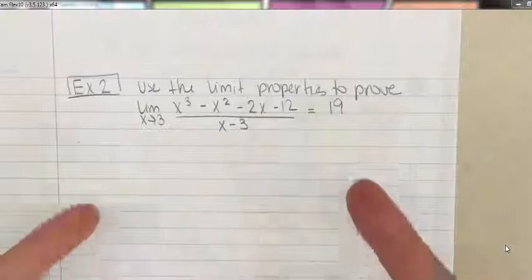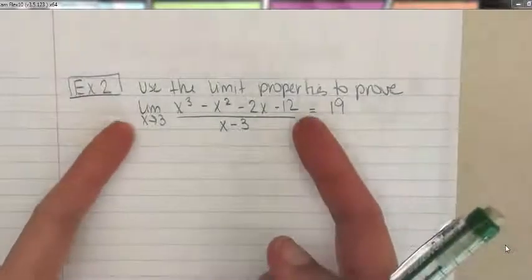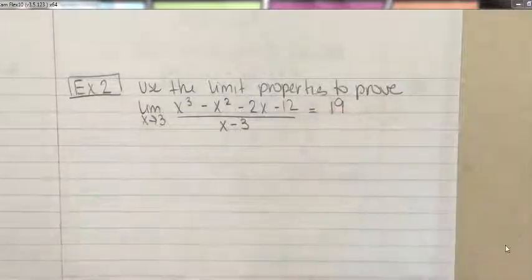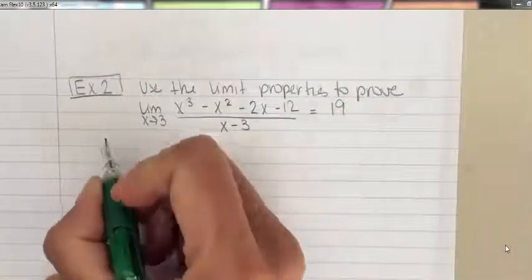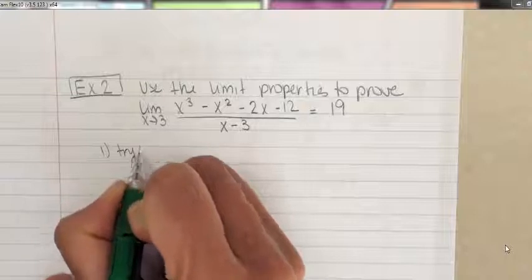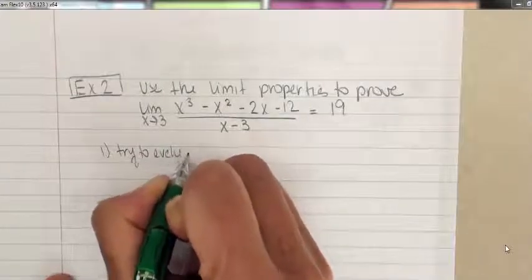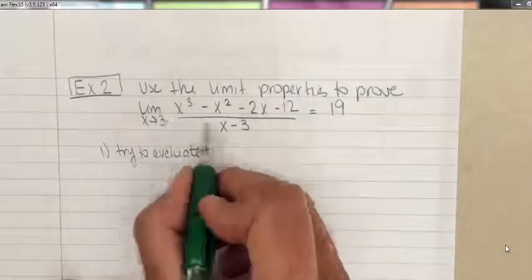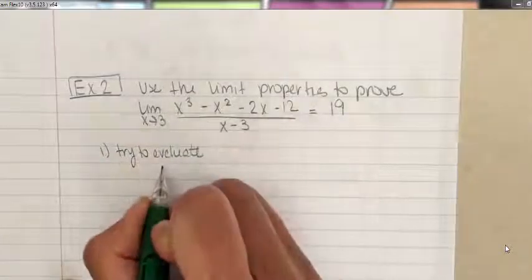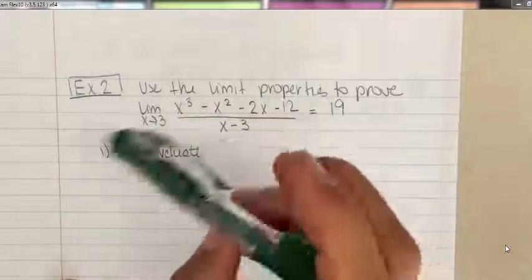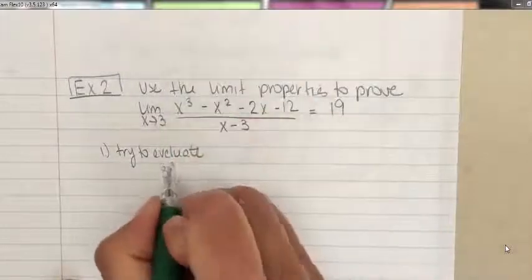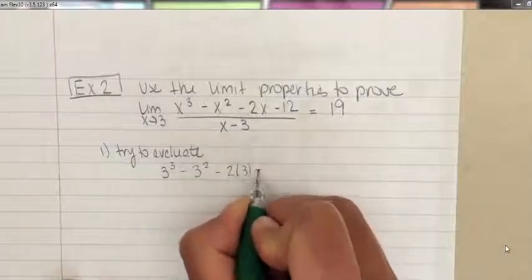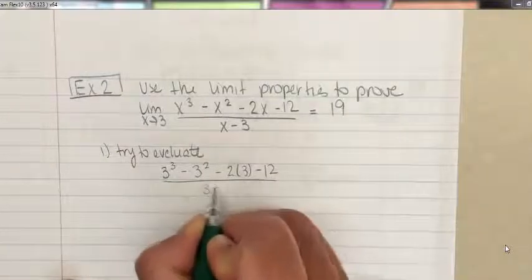Basically I'm going to focus on the most complicated side first, the left-hand side, and try to make that equal 19. So the first thing I should do is try to evaluate the limit. Plugging in 3: 3 cubed minus 3 squared minus 2 times 3 minus 12 all over 3 minus 3.